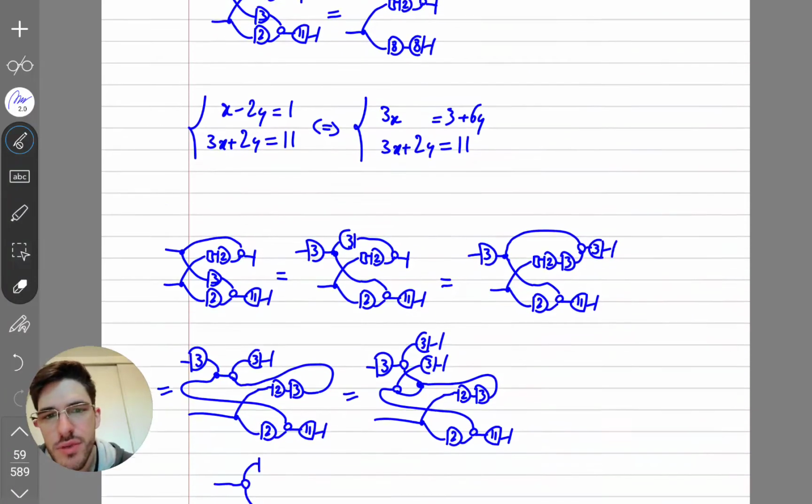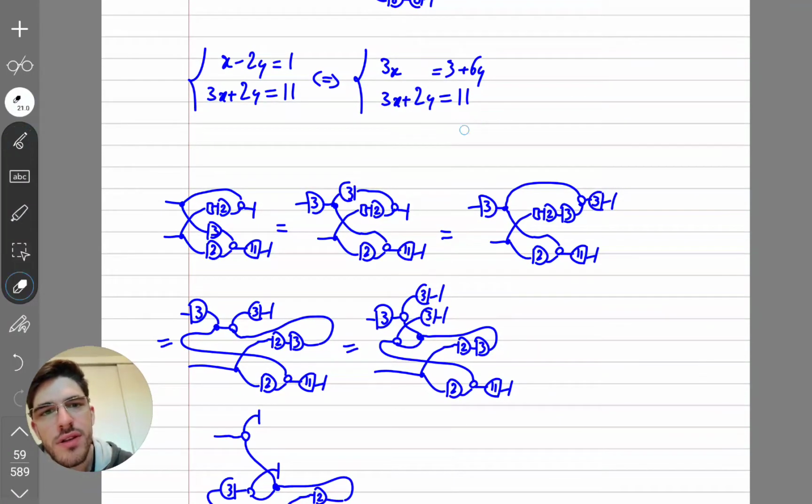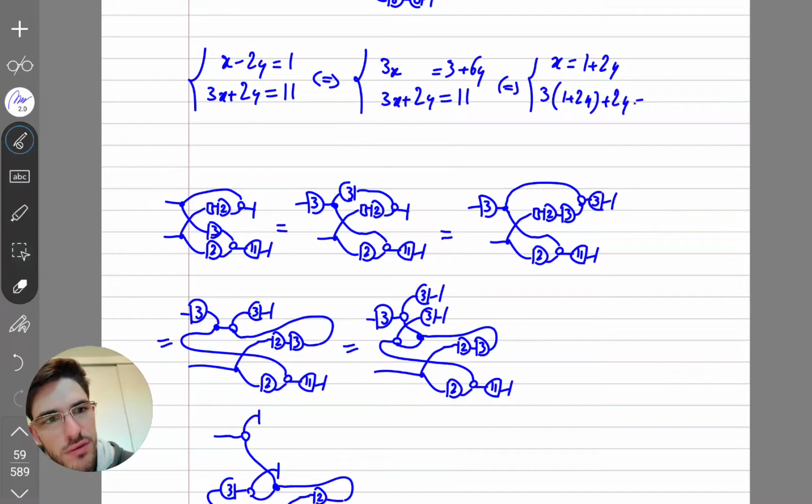I feel like what should be happening now in this thing is something like 3x equals 3 plus 6y, or maybe the factor 3 is not really there. Oh yeah, actually, that's x equals 1 plus 2y. That's a lot easier. And then I substitute x. So I've got 3, 1 plus 2y plus 2y equals 11. Actually, this step is stupid.